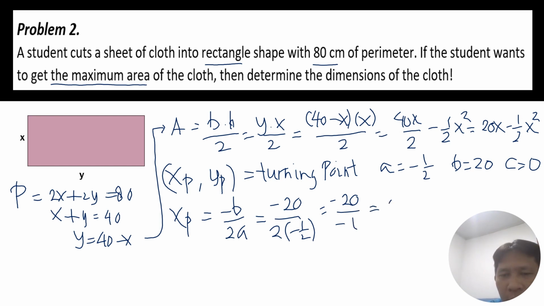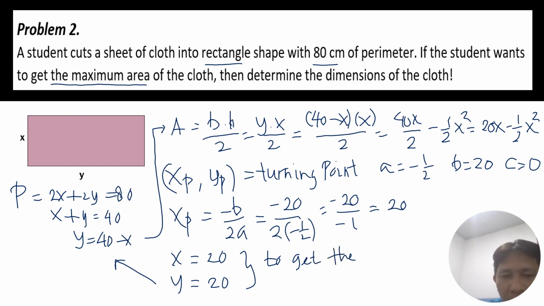So equals 20. So according to the statement that to get the maximum area, we need the value of x equals 20 and also y equals 20, because the sum of the length and width equals 40. So this is the value of x and y to get the maximum area.